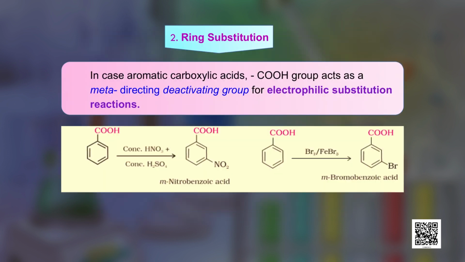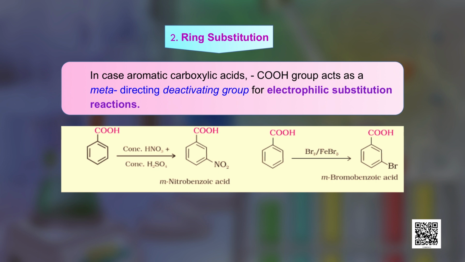Now, if we are using an aromatic carboxylic acid as the starting material, there is an interesting reaction in the ring also, where substitution takes place in the aromatic ring. You can see here that the carboxylic group acts as a deactivating and meta-directing group for electrophilic substitution reactions.